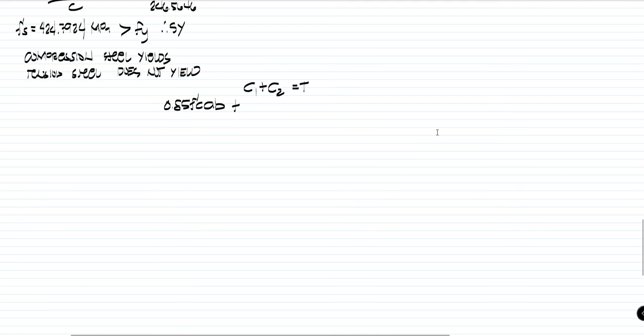Syempre si C2 natin magbabago, A prime S. Ngayon, since assumption natin is compression steel yields, so we have Fy minus 0.85 of our F prime C. That is equal to a value, yung T natin is AS. Since ngayon, the tension steel does not yield, we could have, salpak natin yung equation for the tension steel stress, that is 600 times D minus C over the C.